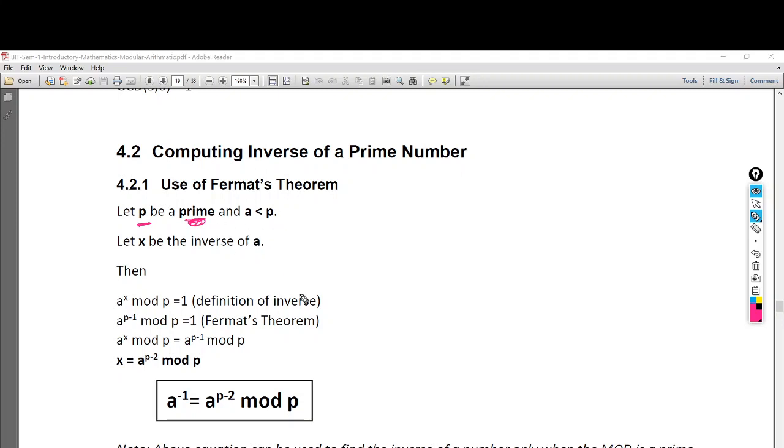This can be used only when you are working with a modulus that is a prime number, like mod 2, which is okay because 2 is prime, mod 3, mod 5, mod 7, mod 11, mod 13, etc. In that case only, this variation of Fermat's little theorem is going to work. So it says, let P be a prime number. This must be a prime number.